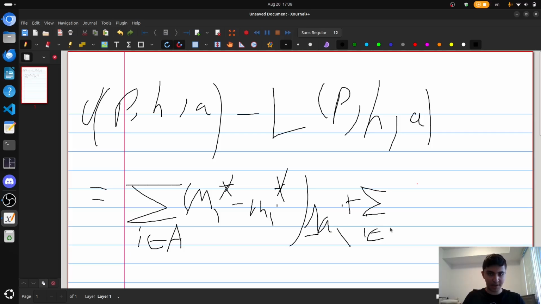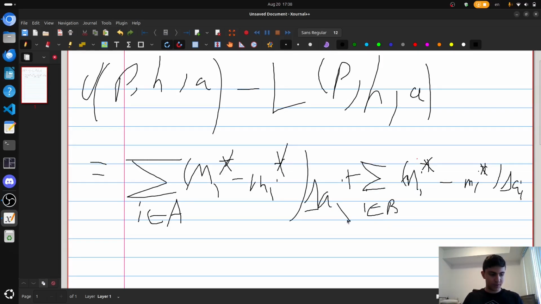For I in B, Mi star minus mi star, delta alpha I. Okay. So when I is in B, we just said that this is less than or equal to 2k. This thing over here.